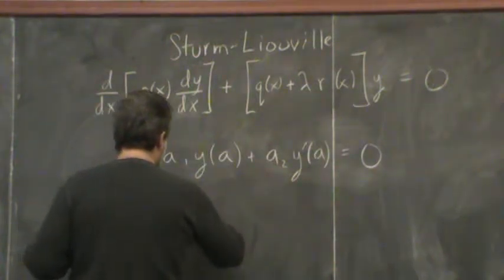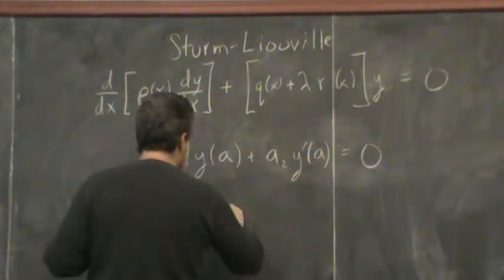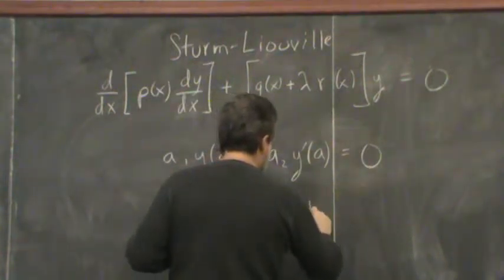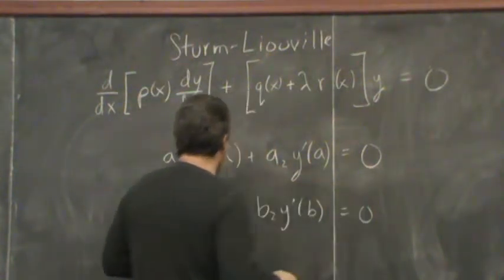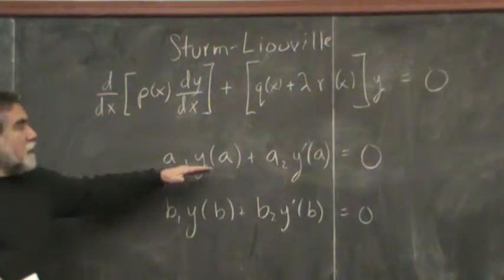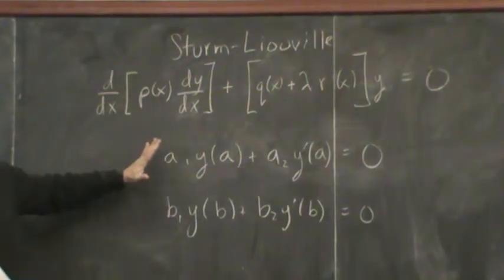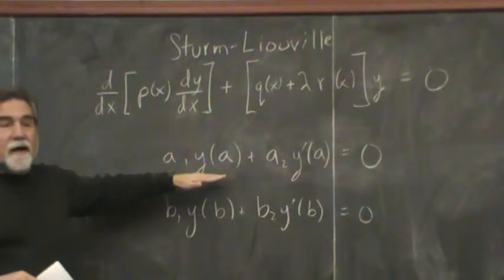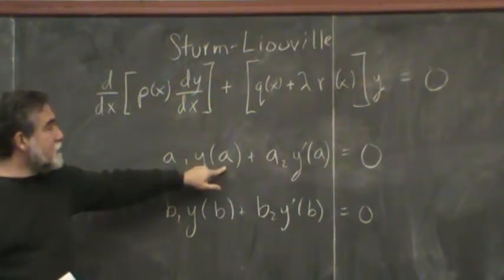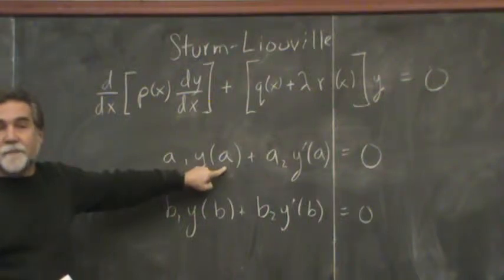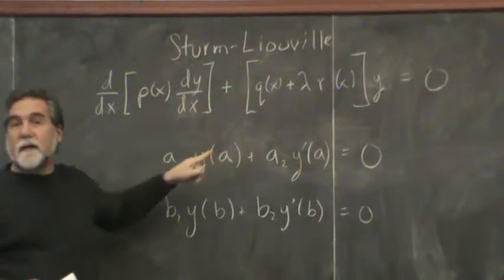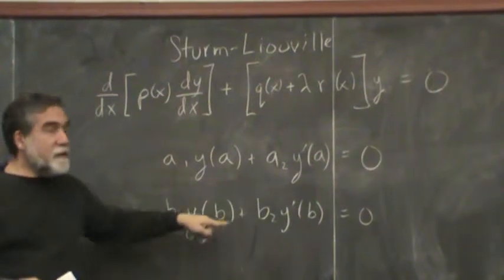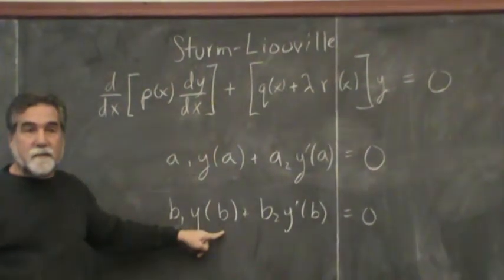And B1 y of b plus B2 y prime of b is equal to 0. So I've written this down as a one-dimensional problem, and I have said that I have a set of boundary conditions that apply at position a, and these are just constants, right? And a set of boundary conditions that apply at position b.